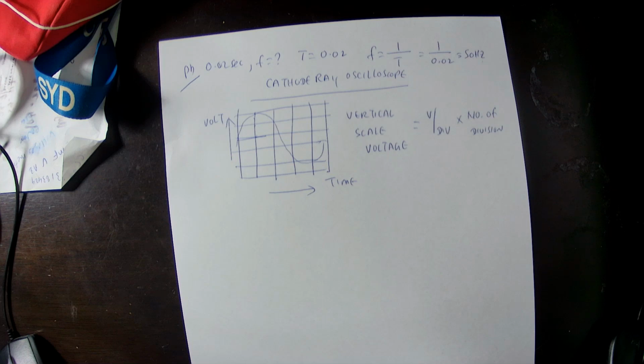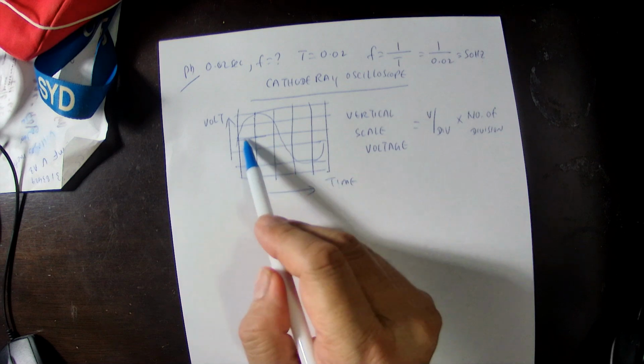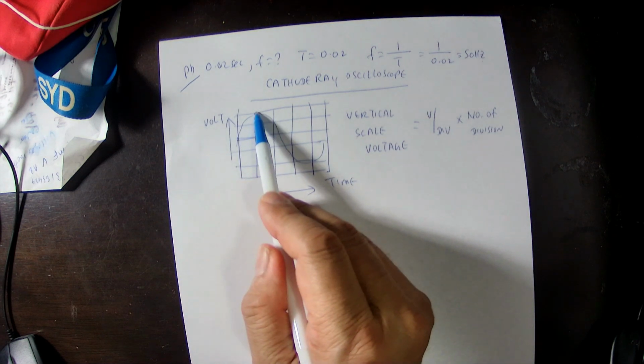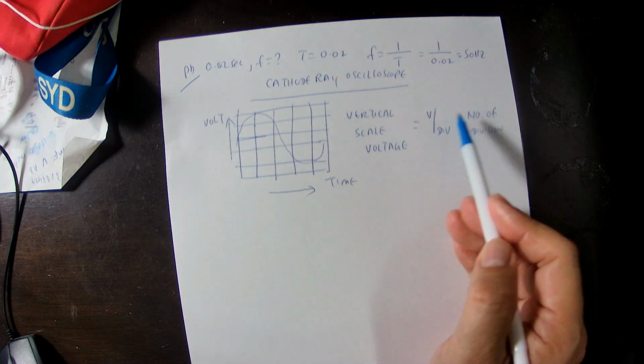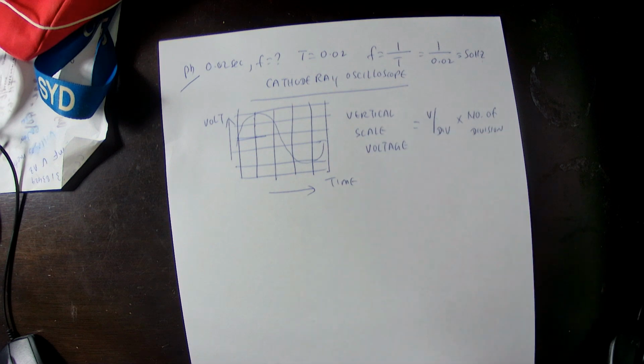You select the volts per division with the switch, and you count how many divisions the waveform spans. The number of divisions multiplied by volts per division gives the voltage. So this is the way you can measure the voltage.